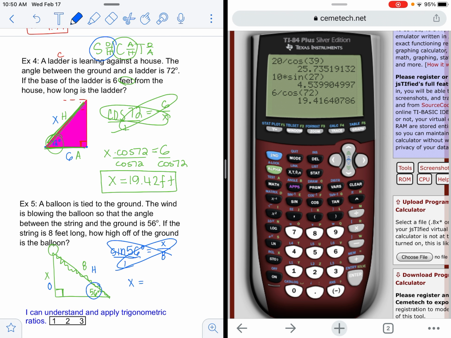Put your trig function over 1 because you're solving for a side, and cross multiply. 1 times x is x equals 8 times the sine of 56. So notice x is already solved for. All I have to do is type this in my calculator. 8 times the sine of 56. And I get 6.63 units, feet off the ground.